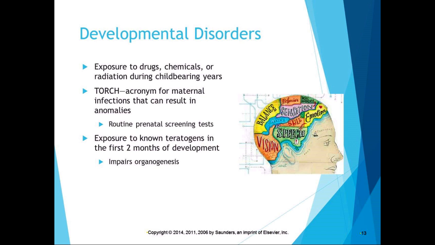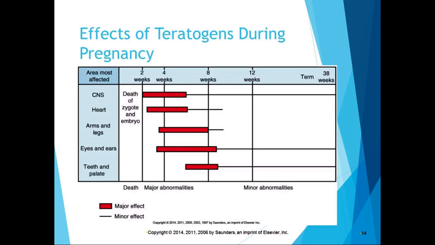Exposure to known teratogens in the first 2 months of development impairs the development of organs in the developing fetus. Developmental disorders can also be caused by difficult labor and delivery, by exposure to teratogenic compounds, and by maternal infections.